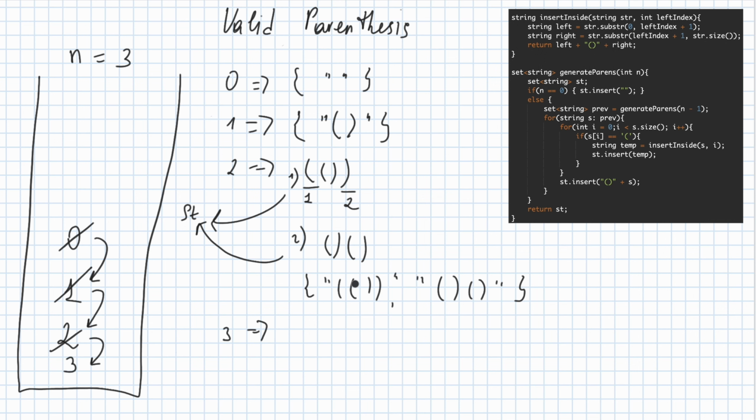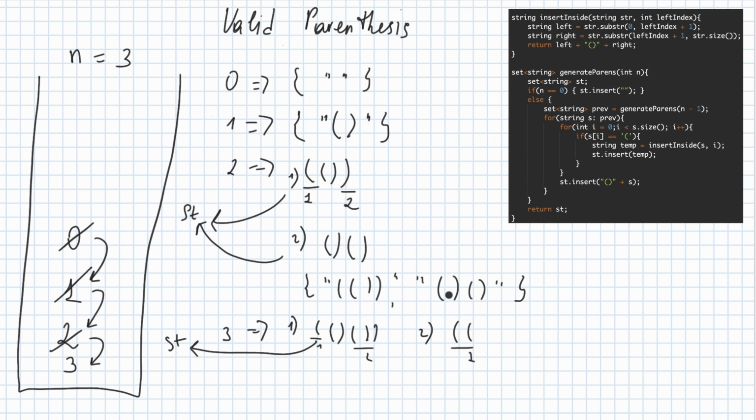The first string consists of two opening parentheses, so for each opening parenthesis we call this insertInside function, where we split the string into two parts. The first part is anything before the opening parenthesis, and the second part is anything after it. So we insert one valid combination between them, and this goes to the set. This string is inserted into our set, and the second character is also an opening parenthesis.